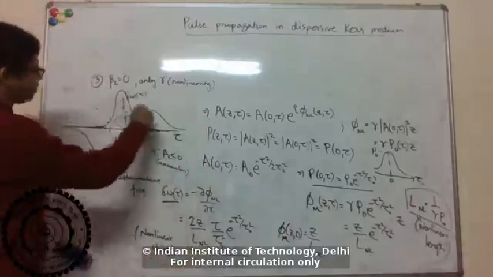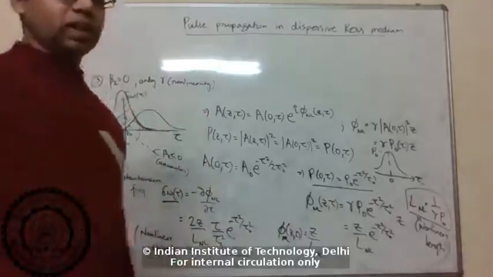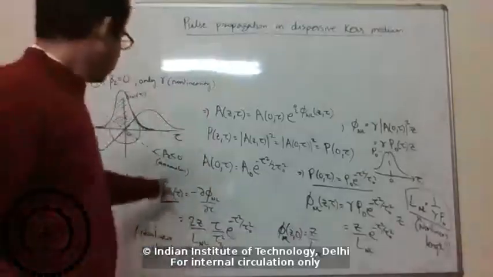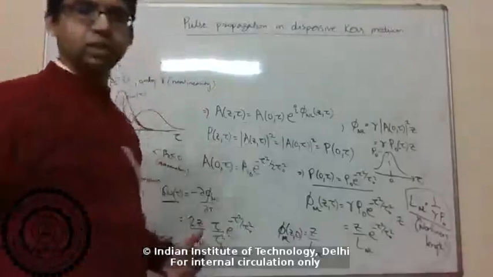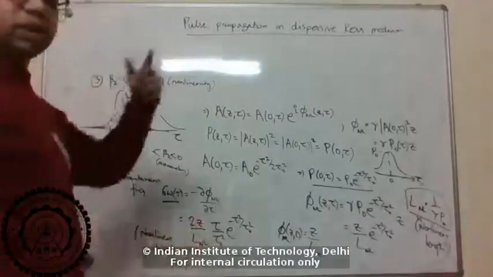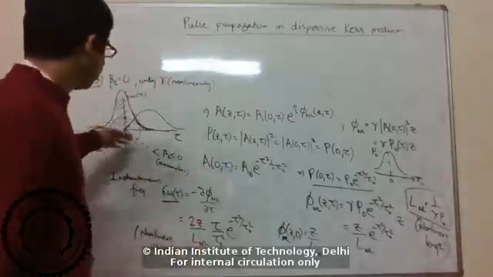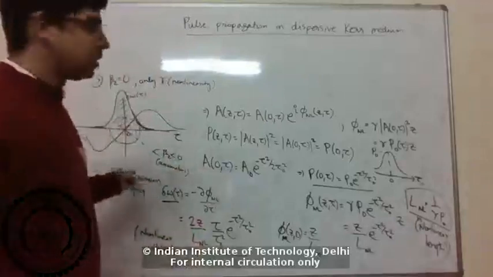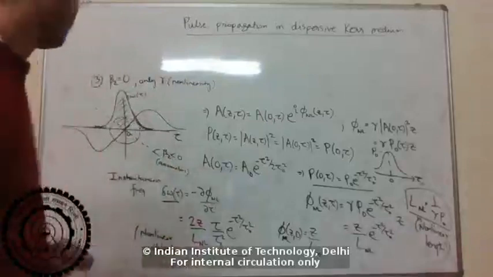So if this pulse shape was different, then you can imagine both the dispersive and the nonlinear chirps will be different because these functions will be different, right? And it turns out in that case, for the secant hyperbolic case, you can actually get these two to be, in that case, both nonlinear and it will get exactly cancelled. Okay?